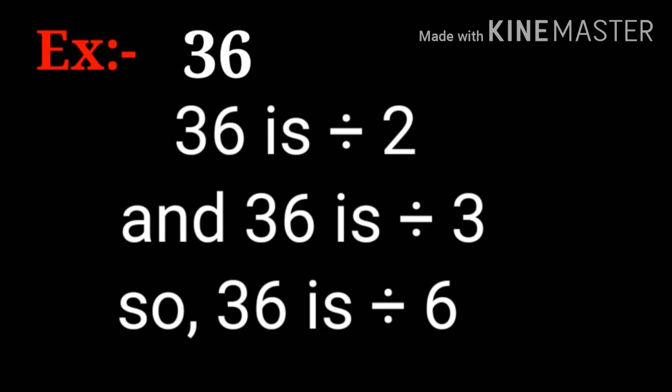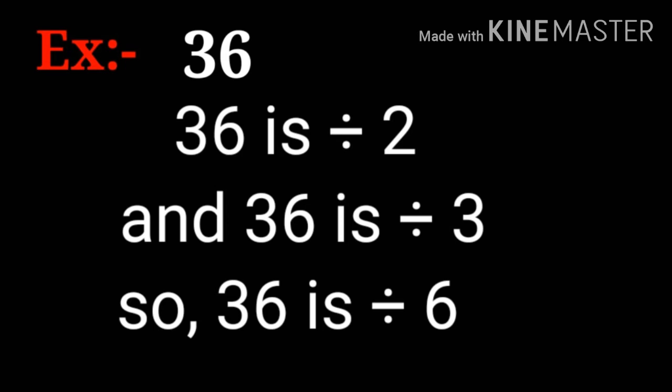If 36 is not divisible by 2, then directly we can say 36 is not divisible by 6. In this example, 36 is divisible by 2. So, we have to check whether 36 is divisible by 3 or not.